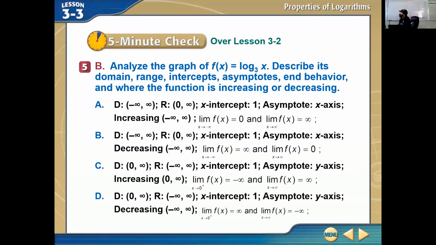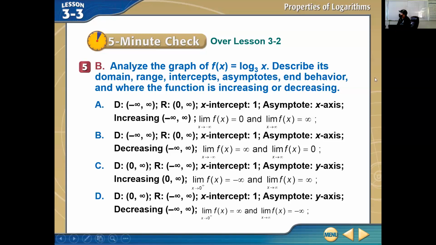The end behavior is as x goes towards positive infinity, f of x goes towards positive infinity, and the limit as x approaches 0 from the right goes towards negative infinity, because our graph is kind of shaped like that, with 0 being the asymptote. We can't really go towards negative infinity on our domain.